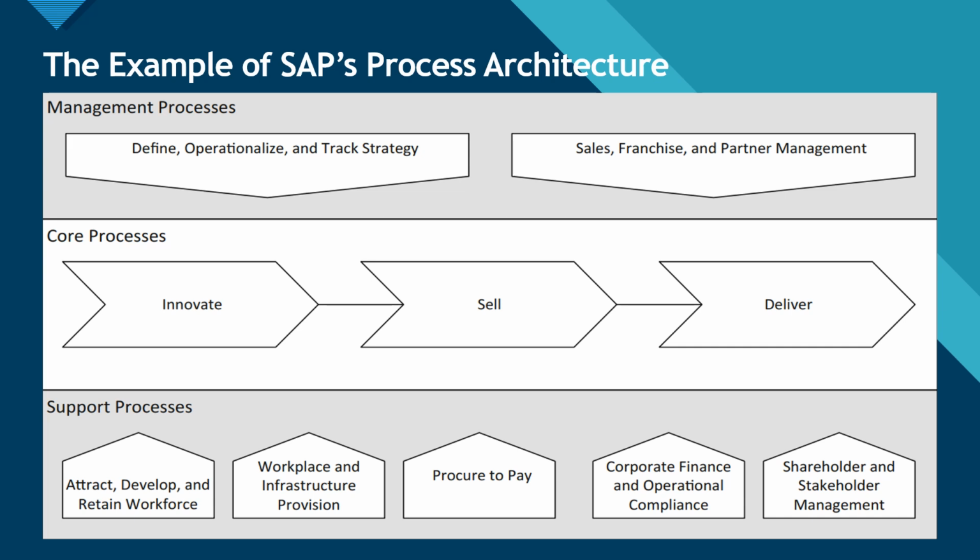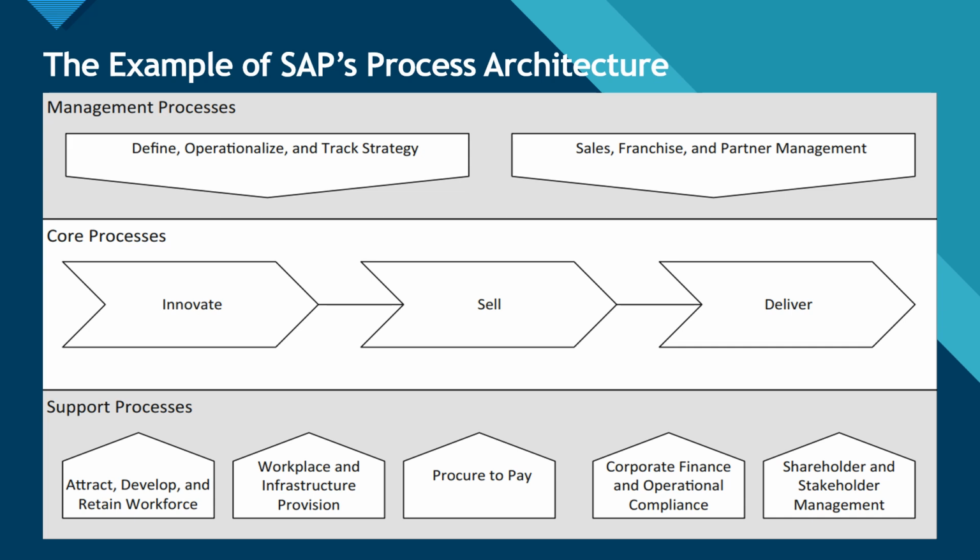Their process architecture defines four main operation domains: operation, customer relationship management, product and service innovation, and corporate management. Each domain is further subdivided into subdomains and specific processes, providing a structured and holistic view of the organization's processes. So here you can see again the support processes, the core processes, and management processes in SAP's process architecture.